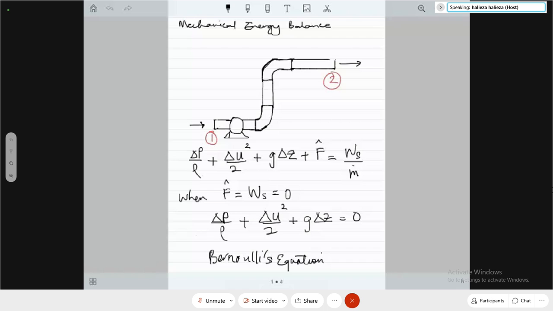The first is position number 1, and the second is position number 2. Normally you have the inlet and outlet position, or the surface of the liquid. For example, you place position 1 on the surface of the liquid and position 2 at the outlet of the pipe. In this case, the diagram has just a pipeline, so there are no liquid surfaces. I have only the inlet as position 1 and the outlet as position 2.